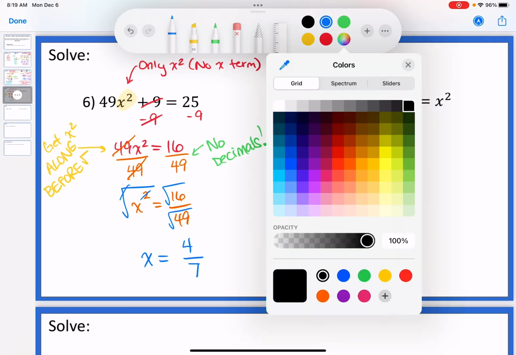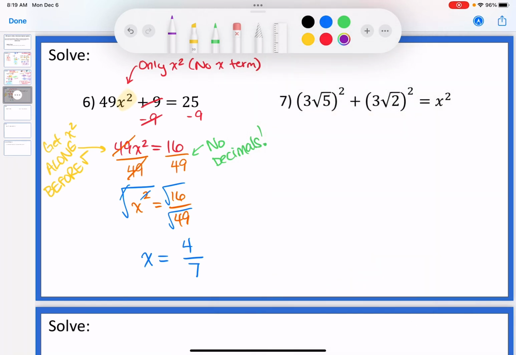But you need to be careful. Because remember here, which we didn't talk about when we just have radicals, but now that we're into solving, the radical wasn't given to us in the problem. So this means what times itself equals 16? Well, that would be 4 times 4 equals 16, right?